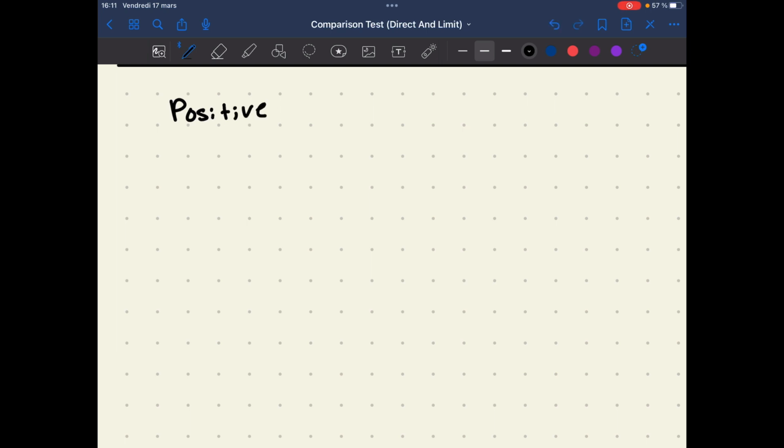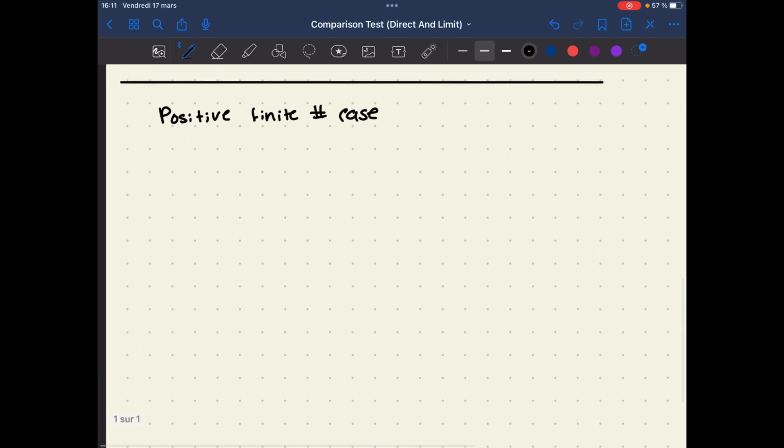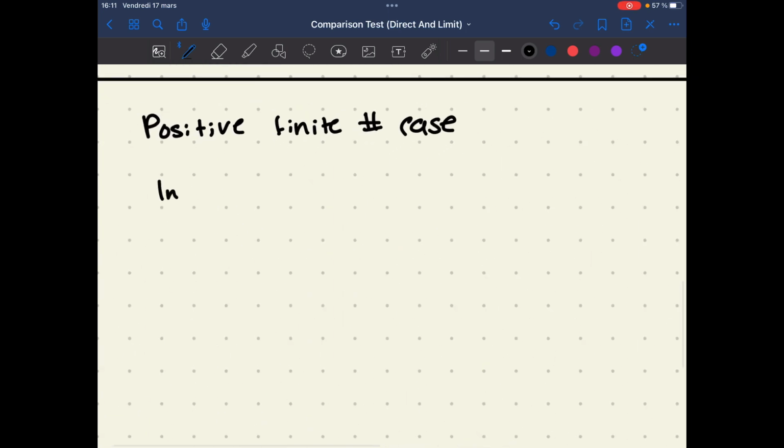Positive, finite number case, infinity case, and the zero case.